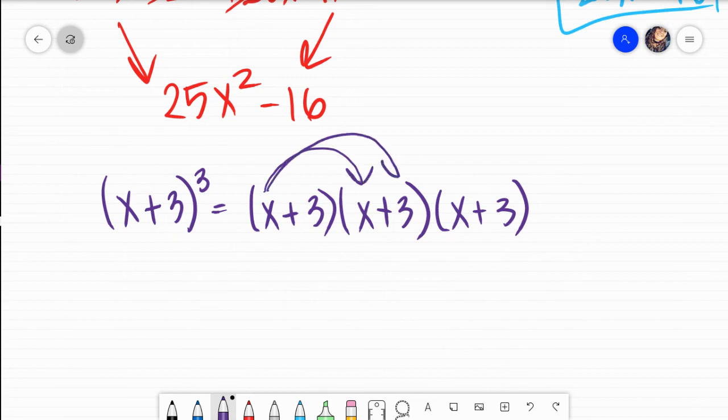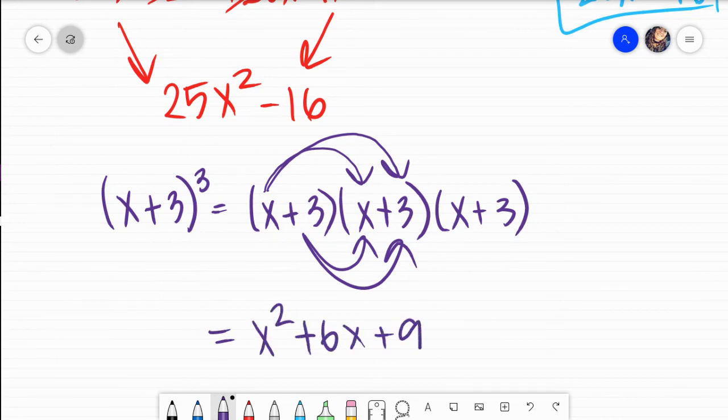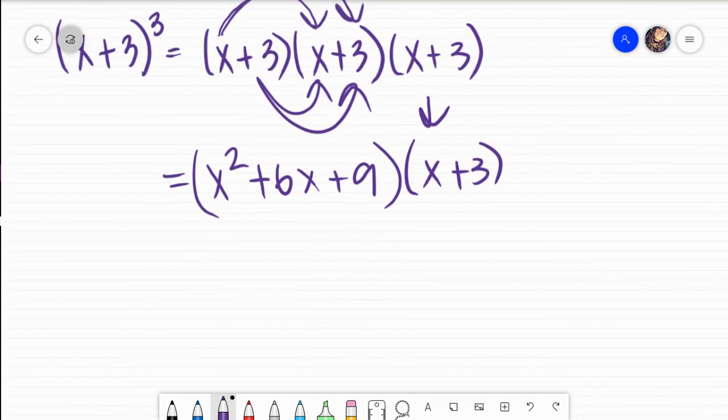This times this, this times this, this times this, this times this. We would get x squared plus 6x plus 9. And then look, bring this down, x plus 3. Then we would do more of the multiplication, where you take everything in the left-hand side and multiply it to everything in the right-hand side.